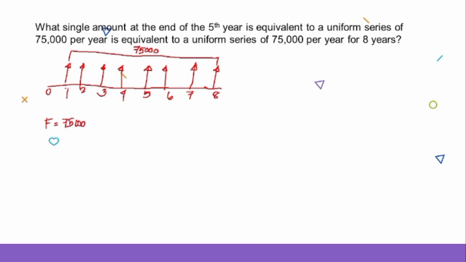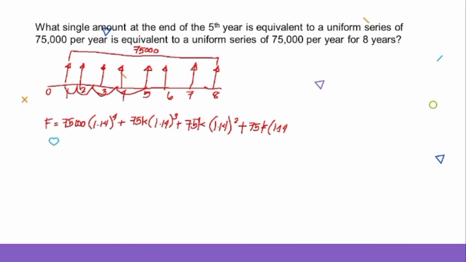Mag-move tayo papunta sa year 5, so mag-jump tayo 1, 2, 3, 4, times 1.14 raised to 4, plus our year 2, 75,000 times 1.14 raised to 3, plus third year, 75,000 times 1.14 raised to 2, plus our year 4, 75,000 times 1.14 raised to 1, plus, dito naman tayo sa year 6. Sa year 6, nagbayad ka ulit ng 75,000.